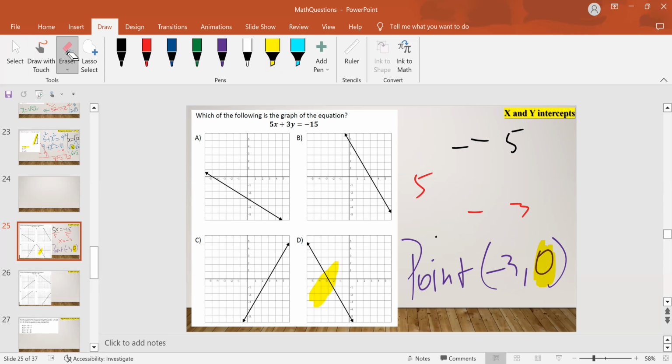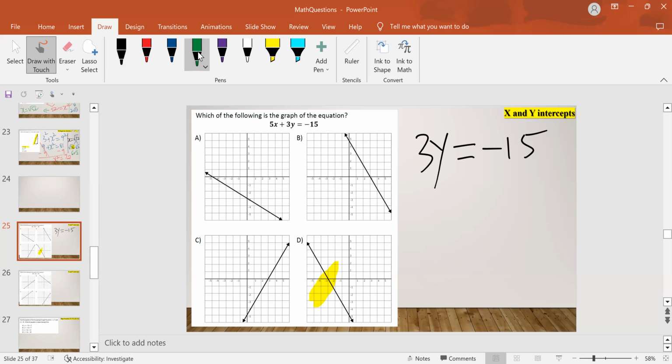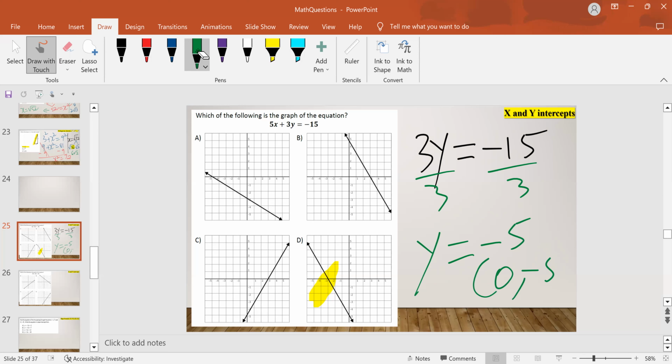So this time I'm going to find the y-intercept. To find the y-intercept, I will replace x by 0. And when you replace x by 0, 5 multiplied by 0 is 0, so I will not have the x part. I'm going to have 3y is equal to negative 15. I divide both sides by 3, and I get y is equal to negative 5, which is the same as 0, comma, negative 5.